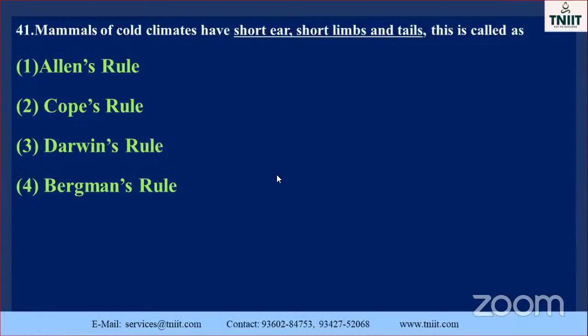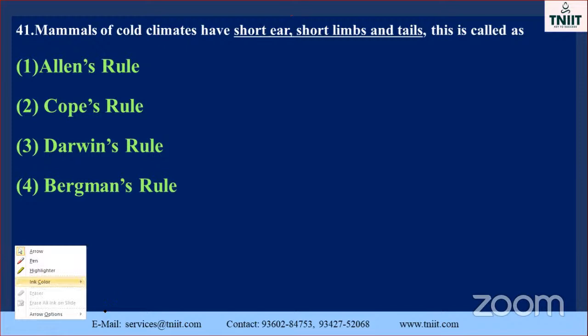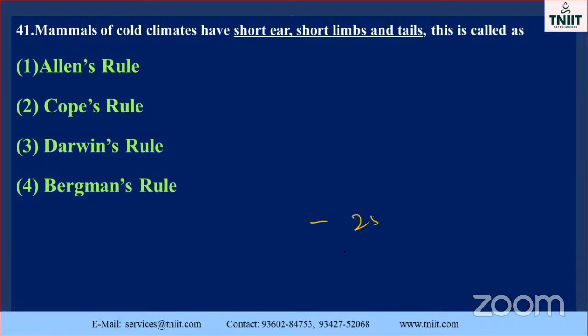Okay, next one. See the option, you will get the answer. See here, mammals of cold climate. Take an example, Arctic or Antarctic region, where there is a cold climate. The temperature will be very low, even minus 25 or less. Imagine this much also is there.